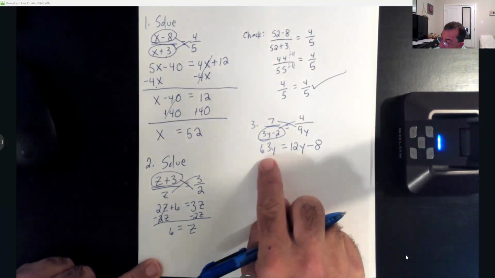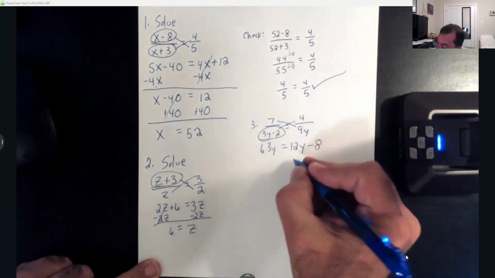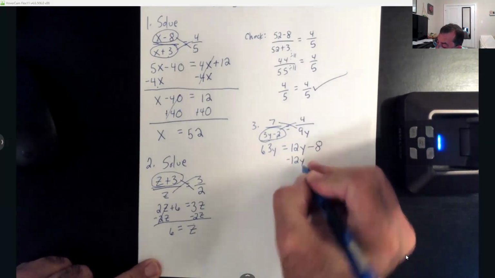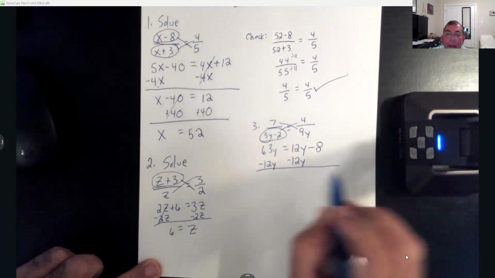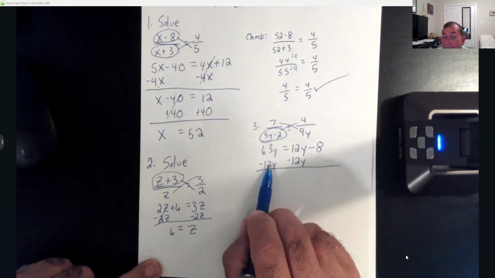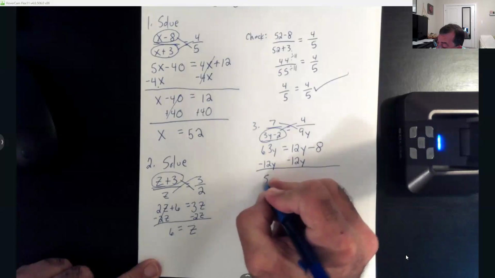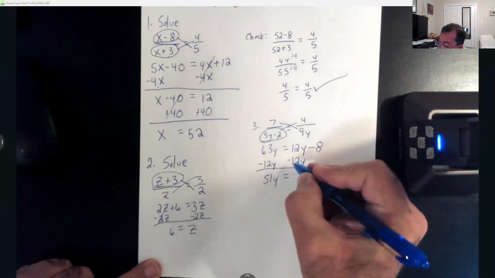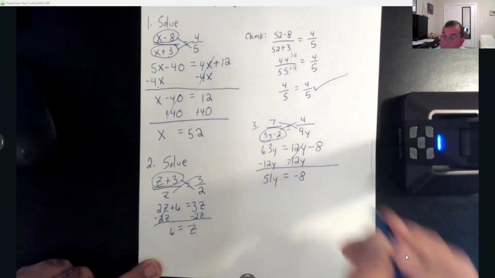Now y'all, so the variable equal to a variable and a number. I'm going to move this variable over here to get my y's all on one side. All right, y'all, let's see. 63 minus 12 is what? 51y. Those cancel. All that's left is negative 8.